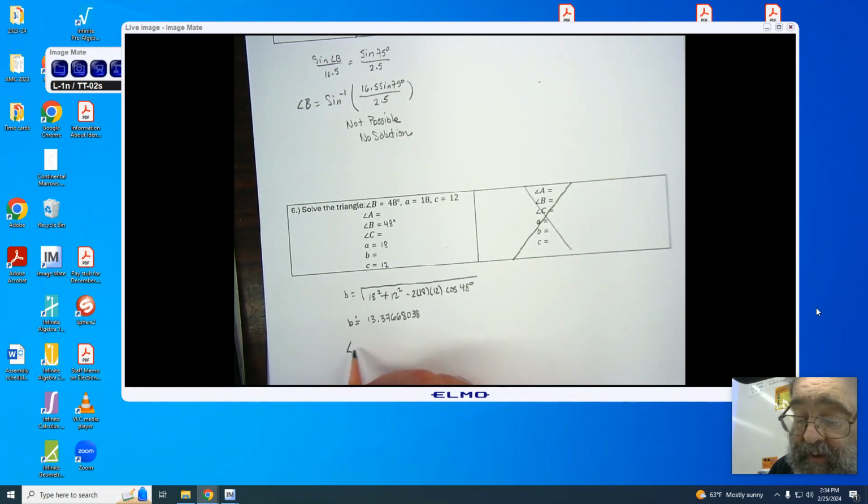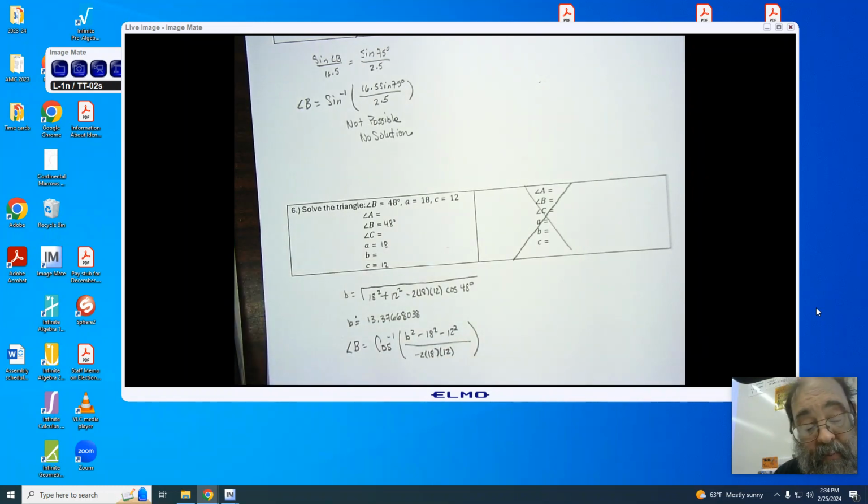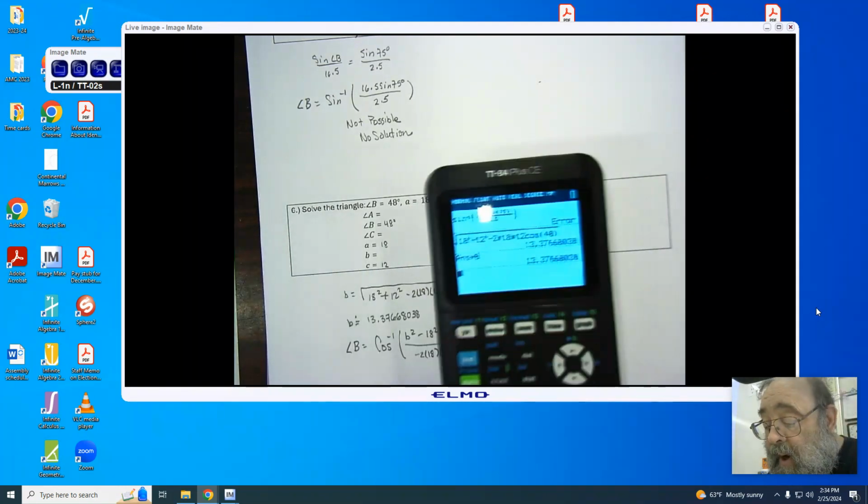Once again, once we start with our law of cosine, we have to stay there. So we're looking at the arc cosine of side B squared minus 18 squared minus 12 squared divided by negative 2 times 18 times 12. This will give me my angle B. I'm going to put this directly into my calculator.